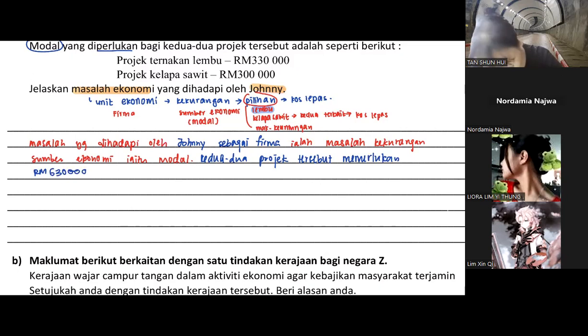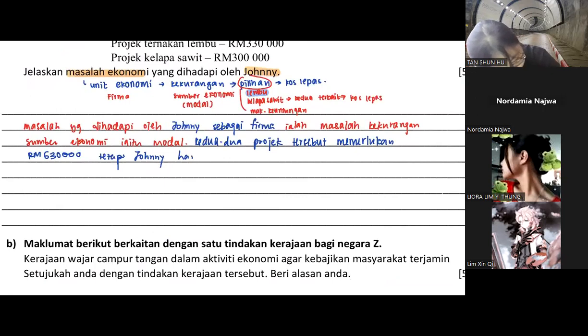But, okay, tetapi Johnny hanya mempunyai RM350,000. All right, so you prove that Johnny is facing kekurangan. Okay, because he only has 350,000.